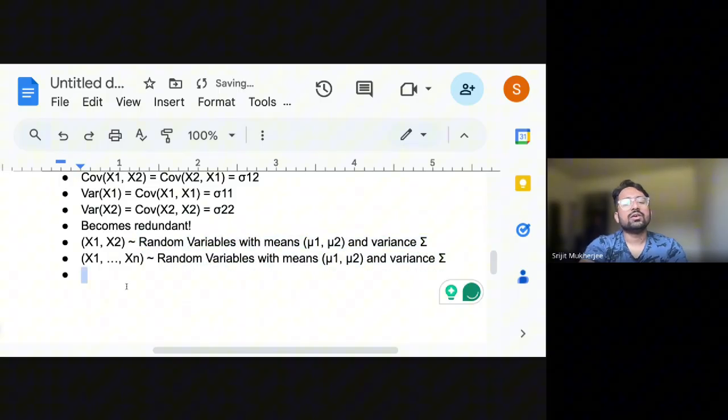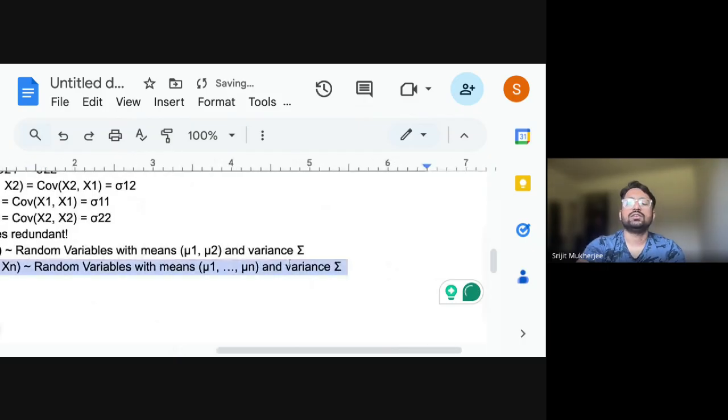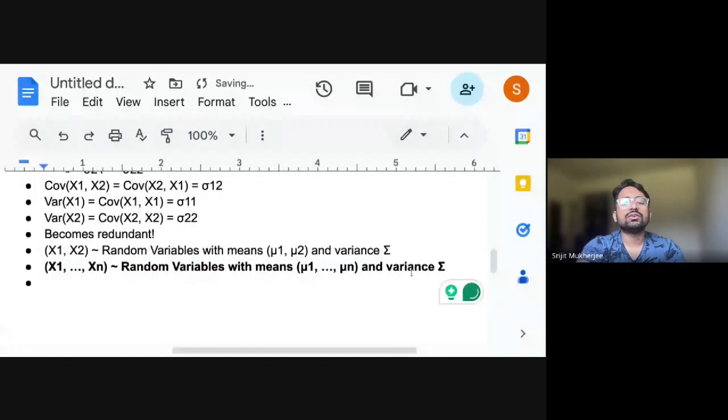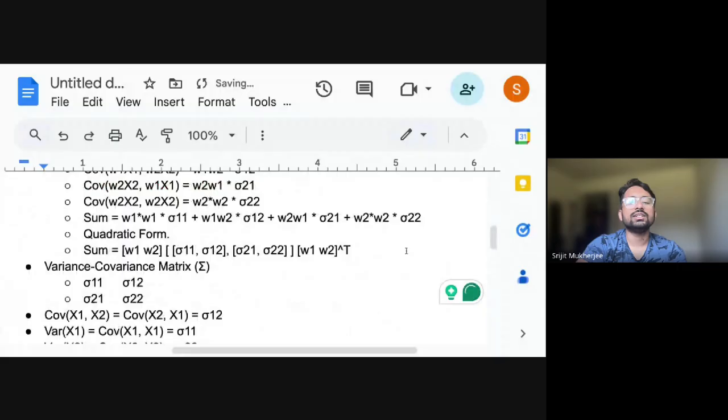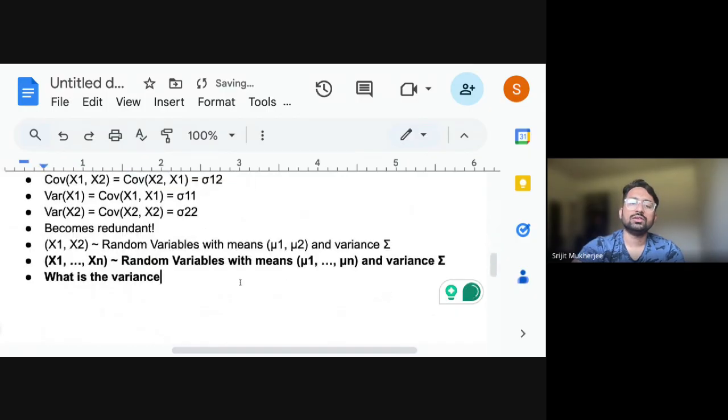So same way, because each one of them has a different mean and variances. Okay. And when you calculate, the question is what is the variance of, what did we get? This is nothing but the variance of W sigma W transpose.